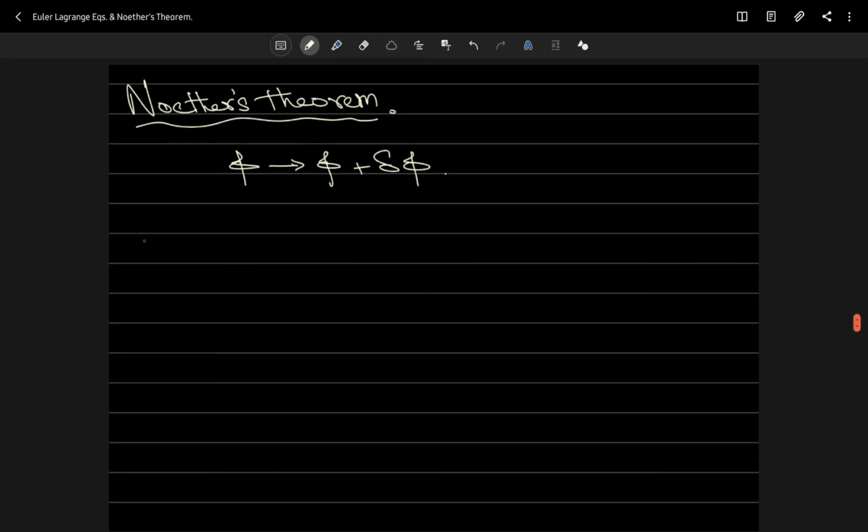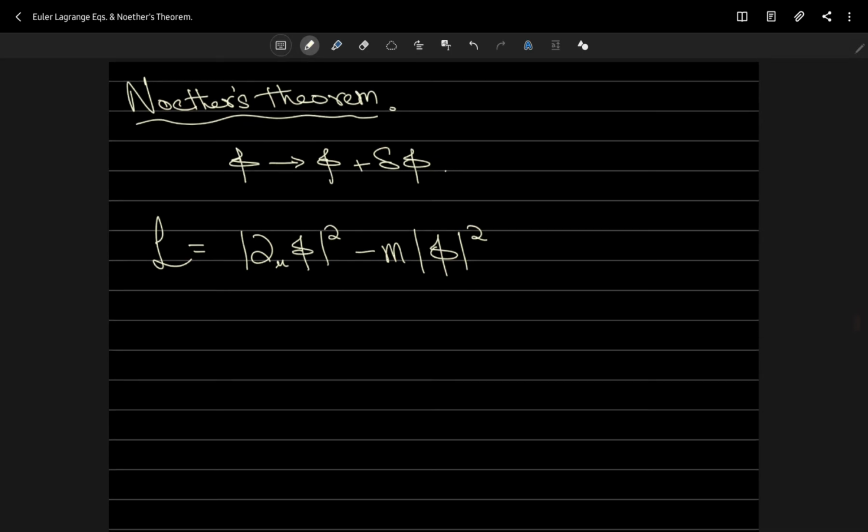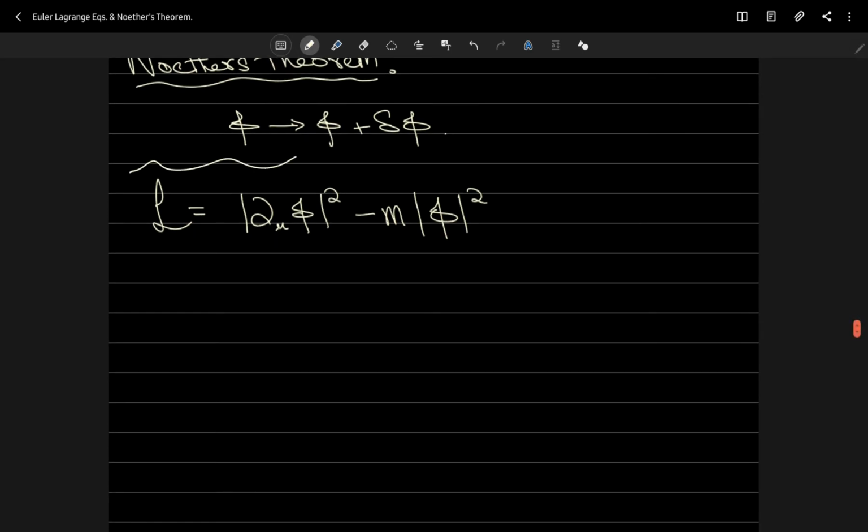The Lagrangian for the complex scalar field is given as the mod squared of partial mu phi minus m squared mod phi squared, right?